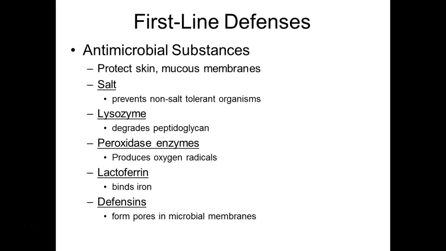Associated with your skin and your mucous membranes, so definitely salt is just for your skin. This one prevents non-salt tolerant organisms, so ones that can't tolerate salt. Are there ones that can tolerate salt? Yeah. Staph, for instance, staphylococci.